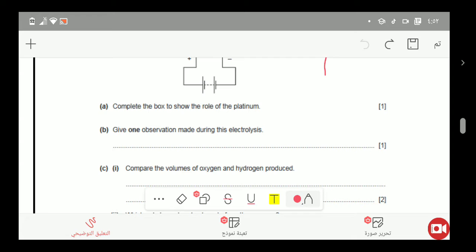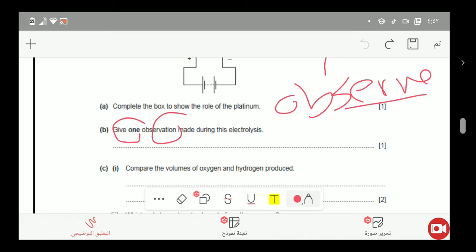Next, give one observation made during this electrolysis. Give one observation. You have to understand that for observation, you should only talk about what you see. What would you see if we turn on the circuit?